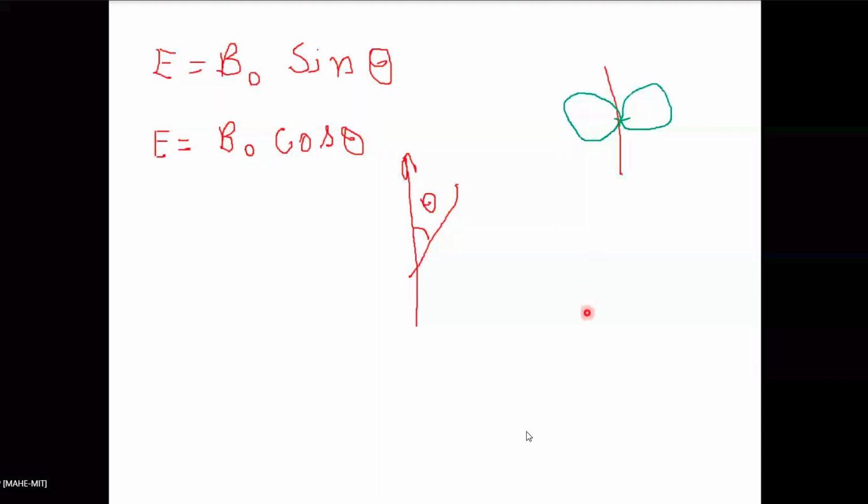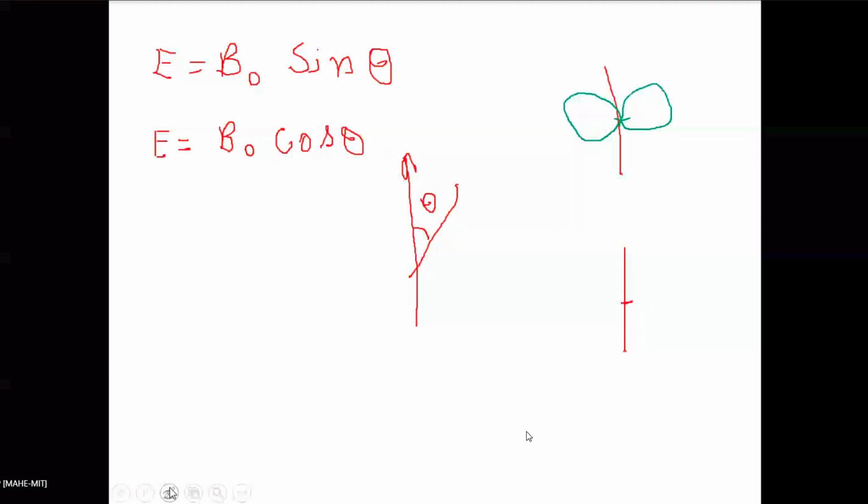So any feedback? Are you getting it or not? Is it fine? So B naught cos theta. Let us plot B naught cos theta and see how it will look like. Here, this is the z-axis. Let us say this is the origin, center z equal to 0.